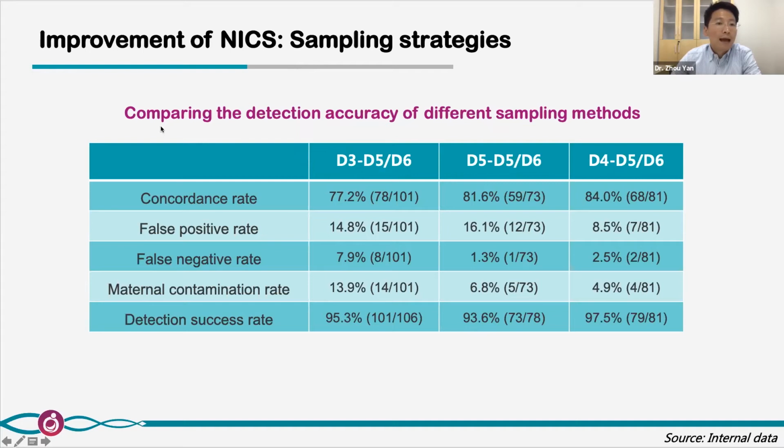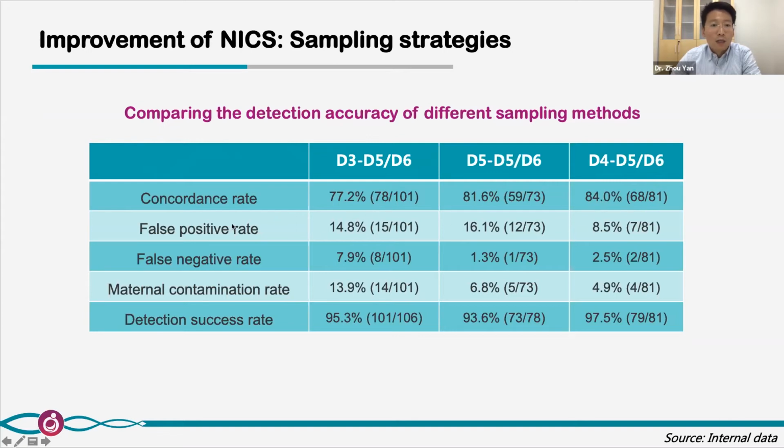So we have compared the detection rates of different sampling methods. You can see here, from day 3 to day 5, we have a concordance rate recorded at 77.2%. If we switch to the currently recommended day 4 to day 5, 6 sampling method, that can improve to 84%.